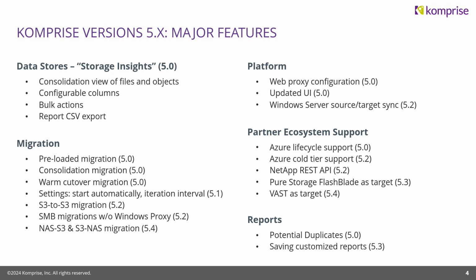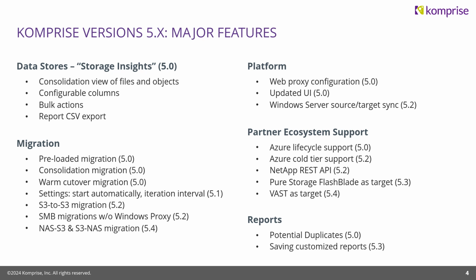We've also done a lot with migration, a lot of new migration use cases we introduced in 5.0, and now we're adding more settings like starting automatically and iteration interval in 5.1. Our big things are object migration.